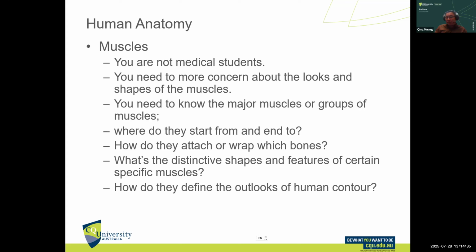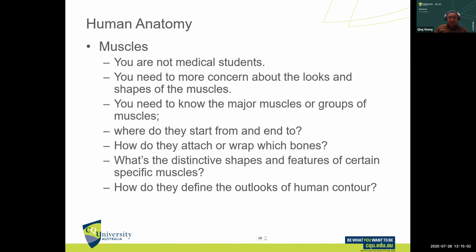You need to know the major muscle groups and where they start from and end, because muscles attach to the bones through tendons and ligaments, and it's their stretch and contraction, their flexibility, that defines the movement.